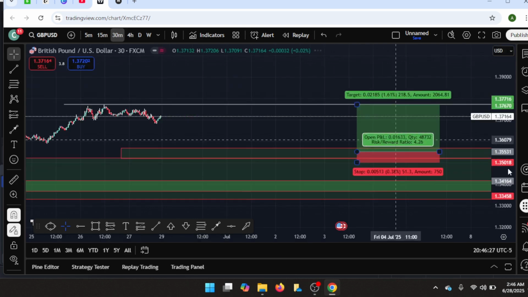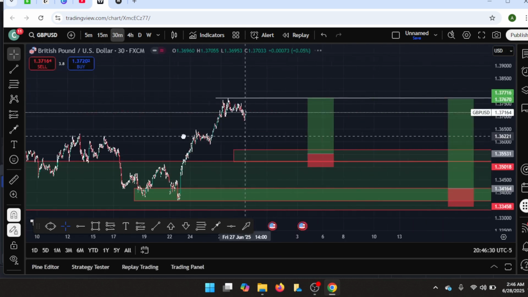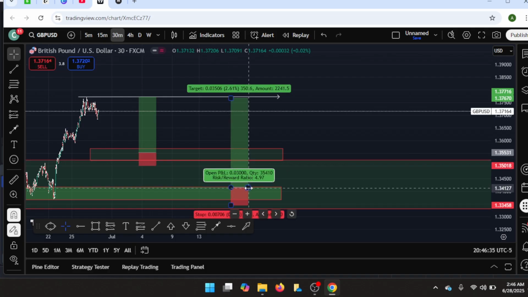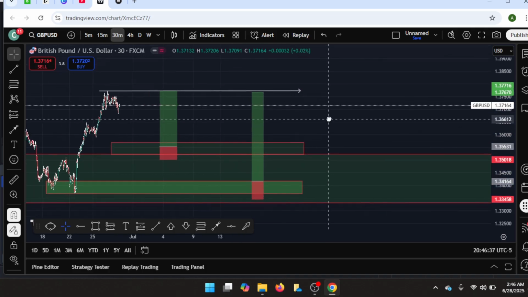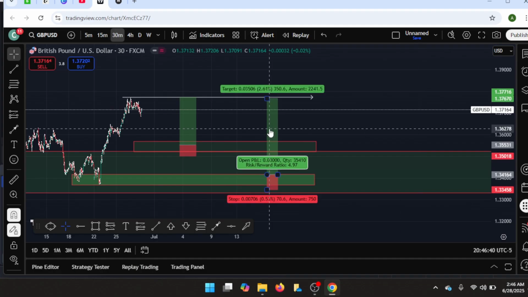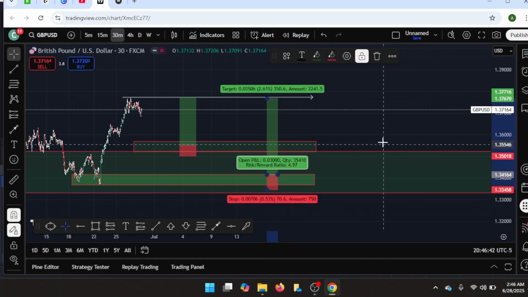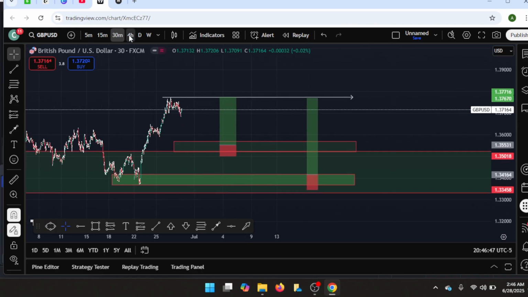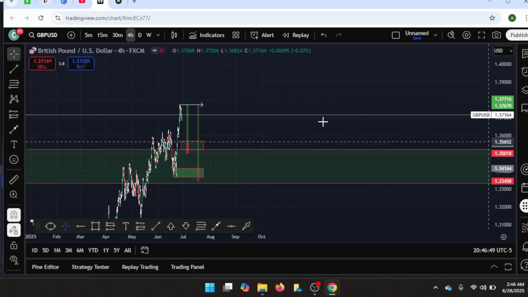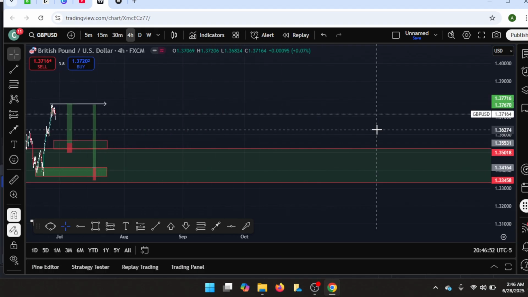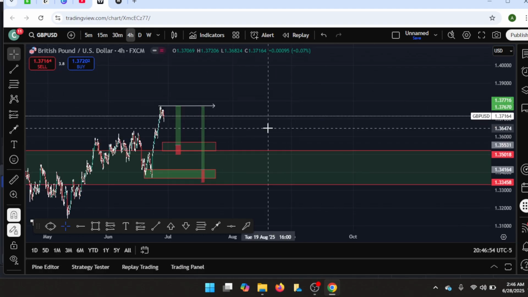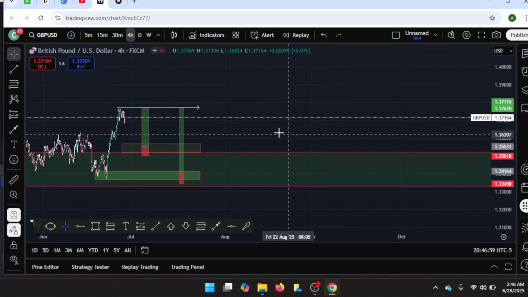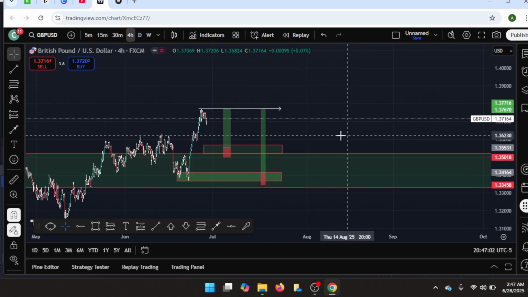Move down to my 30 minutes. Good. This is just all I need in my trade. Let me go back to 4 hours. So, as I've always said, I'm an aggressive trader when I come into the market.